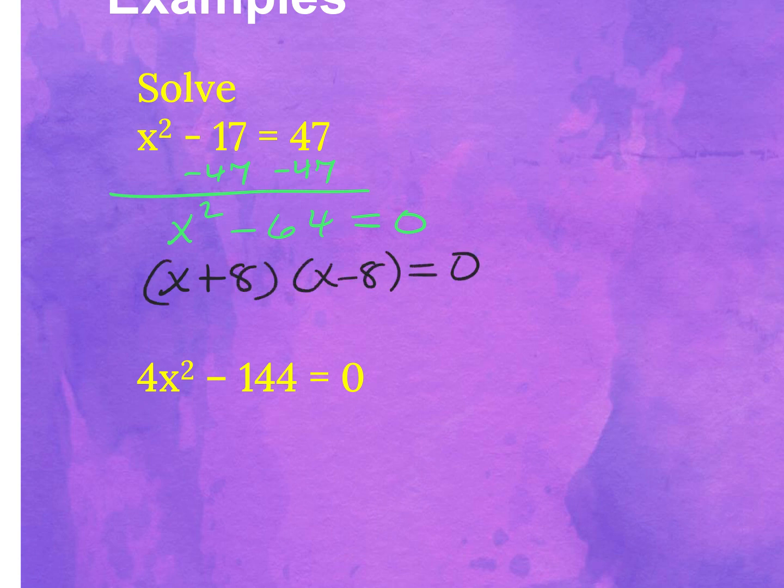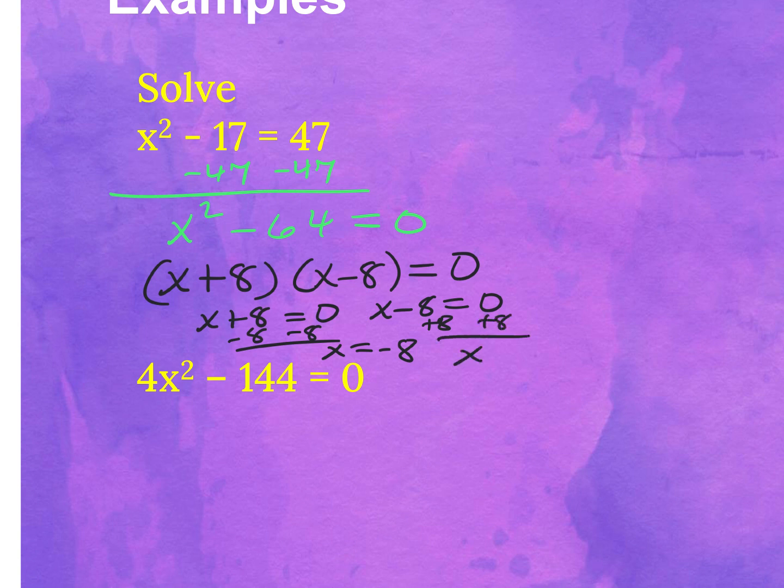I need to set each of my factors equal to 0. So x plus 8 equals 0, x minus 8 equals 0. Subtract the 8. My first answer is x equals negative 8. And then the second answer is x equals positive 8.